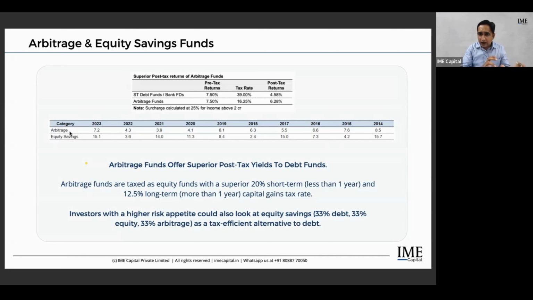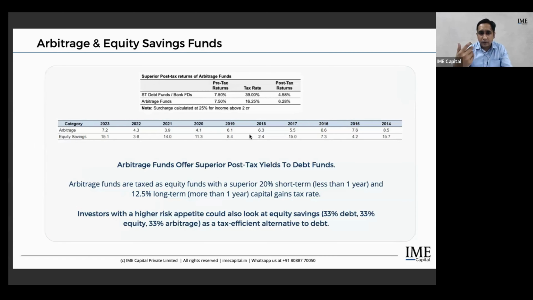Between arbitrage and equity savings, arbitrage funds could give you 6 to 7%, and equity savings could give you between 7 to 9%, because of the boost that you get from the equity component. The right choice again really comes down to a consultation or discussion with your private banker.